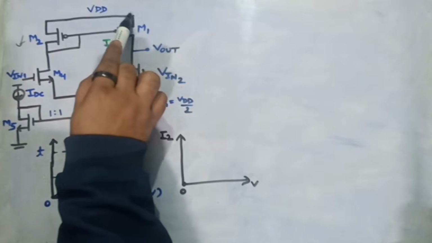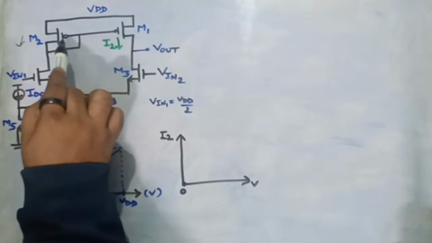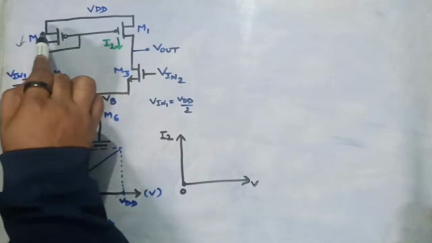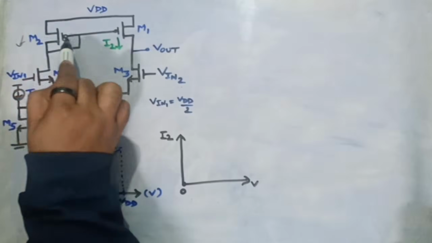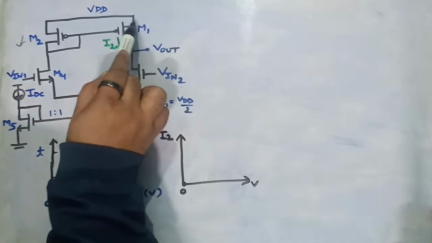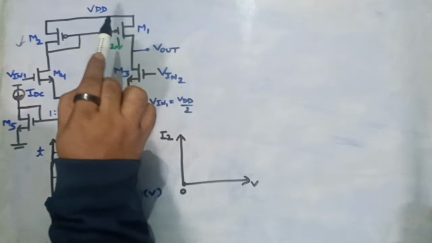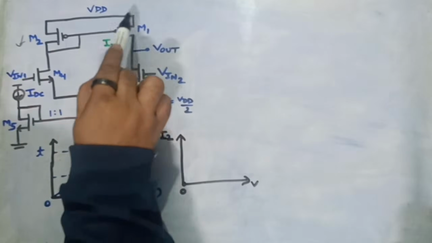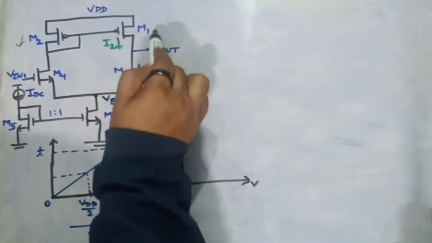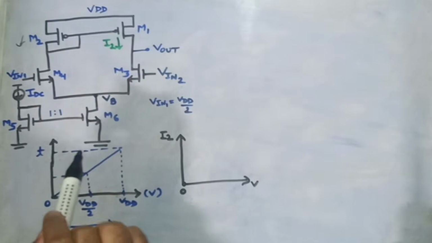Source potential is VDD and gate potential will have a certain value, because there is a current from VDD through M6 to ground. That means there will be some drop across this diode connected MOS, and so its source will define the gate potential. So this MOS M1 will be on, but there won't be any current flowing through it, and this can only happen if the VDS across this MOS M1 is 0, right?